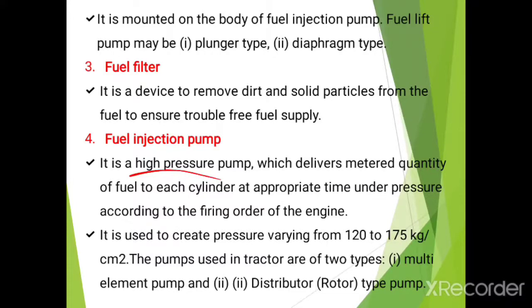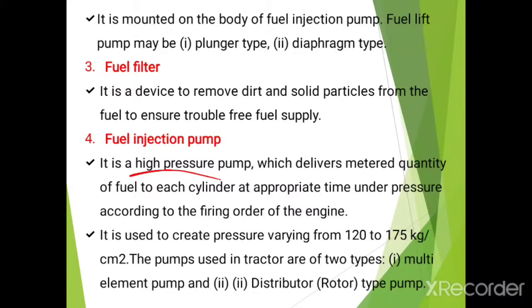The next component, that is the fuel filter. It is the device to remove dirt and solid particles from the fuel to ensure trouble-free fuel supply. And the next component, that is the fuel injection pump. It is a high pressure pump which delivers the metered quantity of fuel to each cylinder at the appropriate time under pressure according to the firing order of the engine.